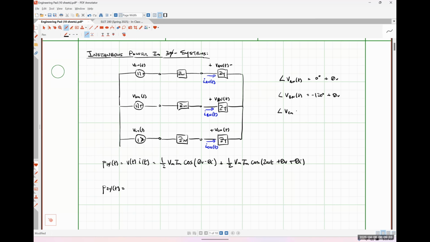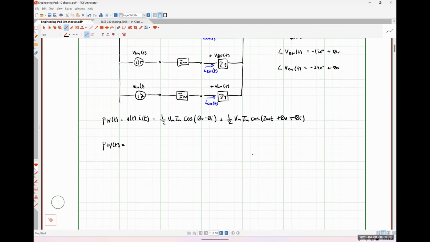And the phase angle for VCN of t is going to be negative 240 degrees plus some phase angle theta v, so that my voltages are 120 degrees out of phase with each other. And I'm going to do something similar for my currents, except that instead of having theta v, I'm just going to have theta I. So it doesn't really matter what the phase angle is, as long as they're separated by 120 degrees in total. Okay.